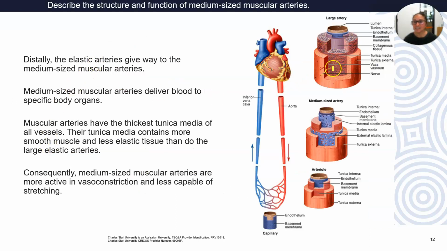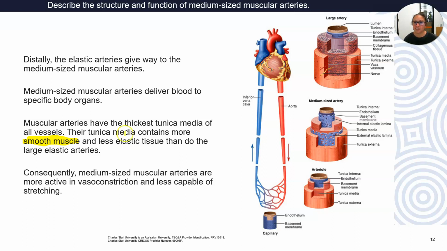So these large elastic arteries are close to the heart, and then they eventually turn into these medium-sized arteries. These medium-sized ones usually deliver blood to organs, and they are a little bit different. They have smooth muscle, so they have more muscle and less elastin than the large ones.